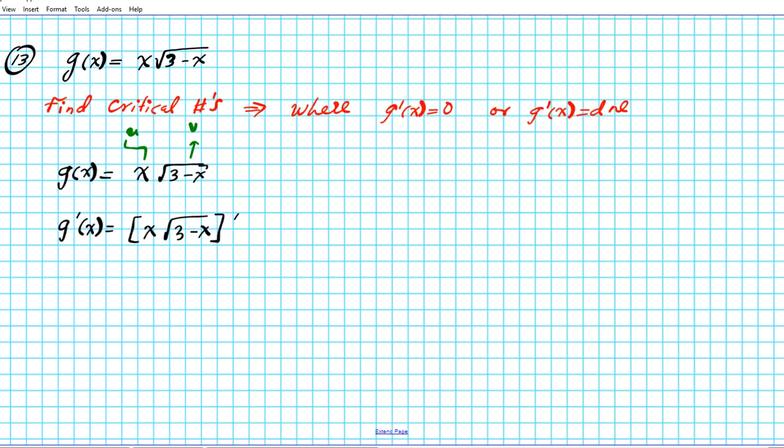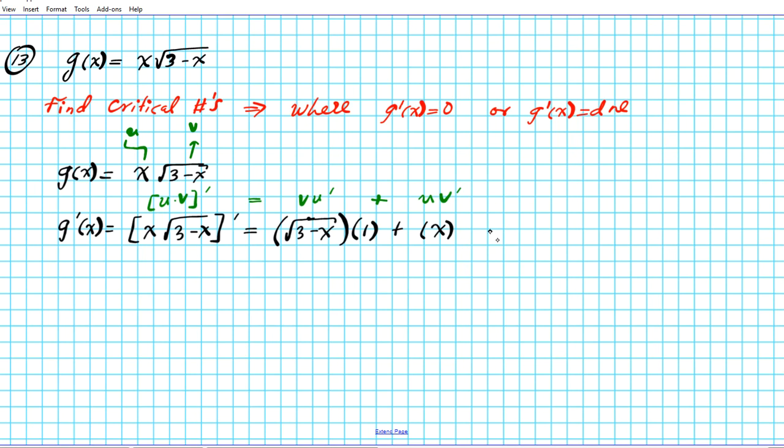Alright, so we have uv, u times v prime. So what is the product rule? The product rule is as follows: the derivative of uv is v u prime plus u v prime. So we're just going to go v, which is the square root of 3 minus x, multiplied by the derivative of x, which is 1, plus u, which is x, multiplied by the derivative of root 3 minus x.